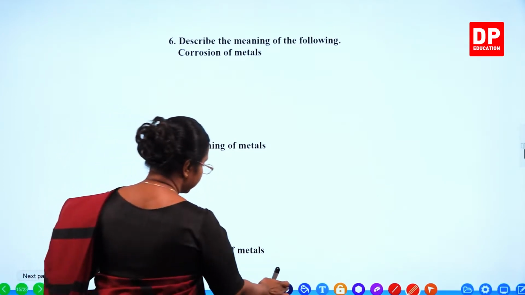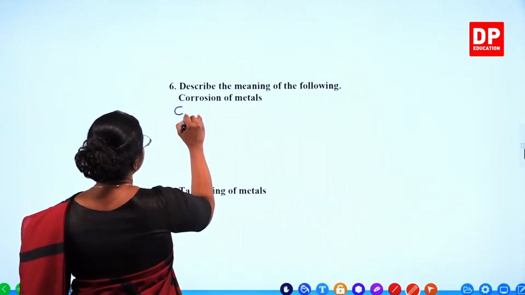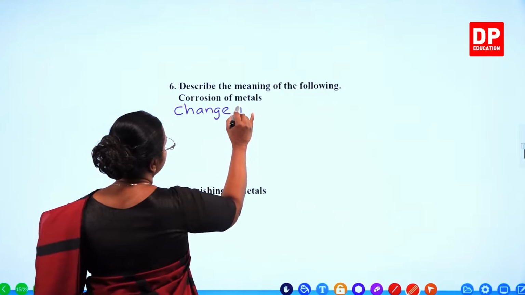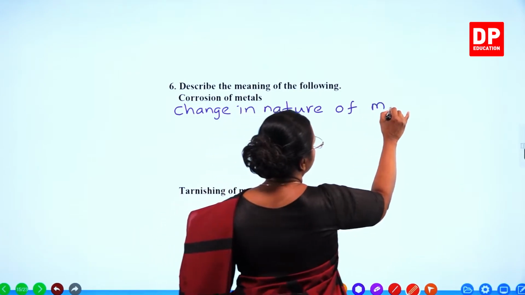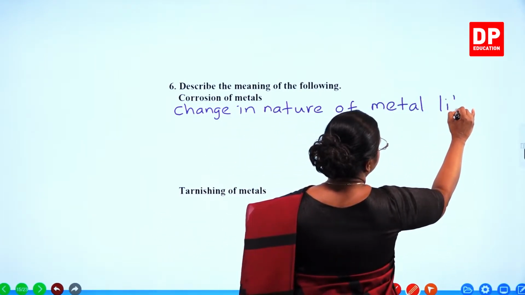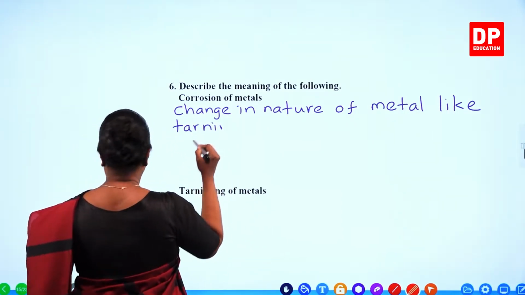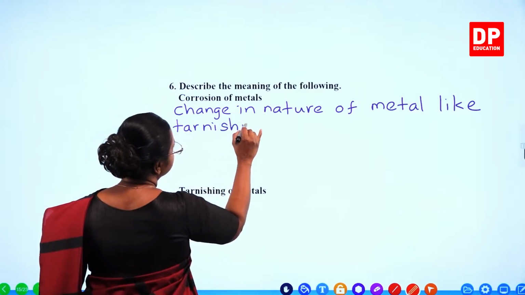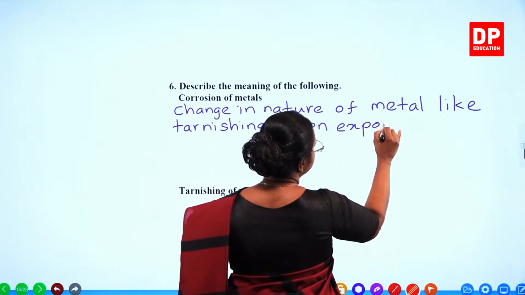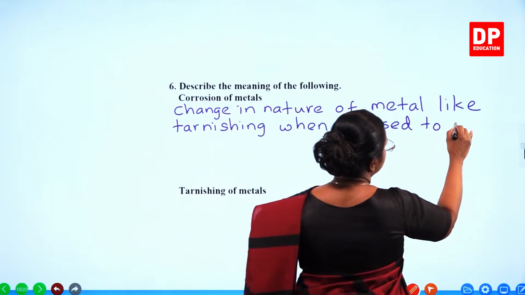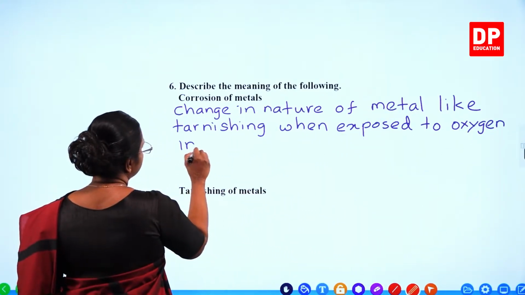So here we can say change in nature of metal like tarnishing when exposed to oxygen in air.